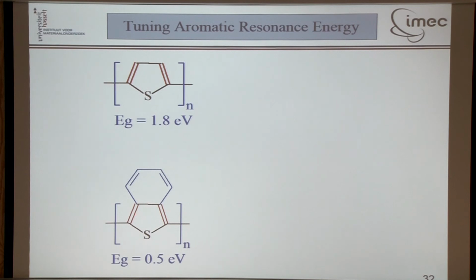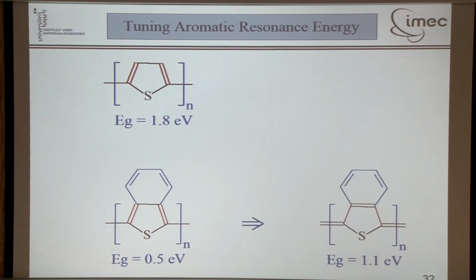If we move from here to the quinoid geometry, what we do then is replace this disturbed aromaticity of the thiophene ring by aromaticity of the benzene ring, which is quite large. And what you see is that the band gap increases again.